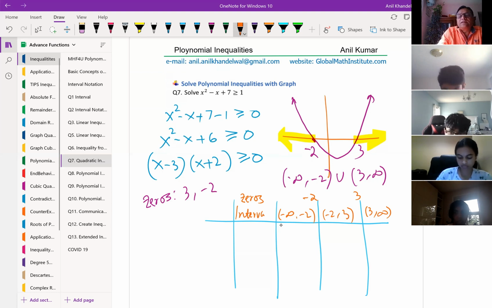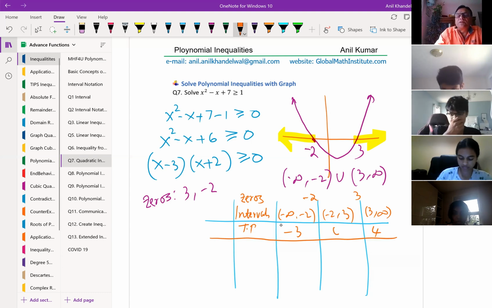In these intervals, we'll take a test point. A test point in this interval could be -3. Here 0 is a good test point, right? And here we'll take 4 as a test point. You can write down the factors. It is good to write factors in the order they come, like this, x plus 2 and x minus 3. If you substitute, let me write down these factors here itself.